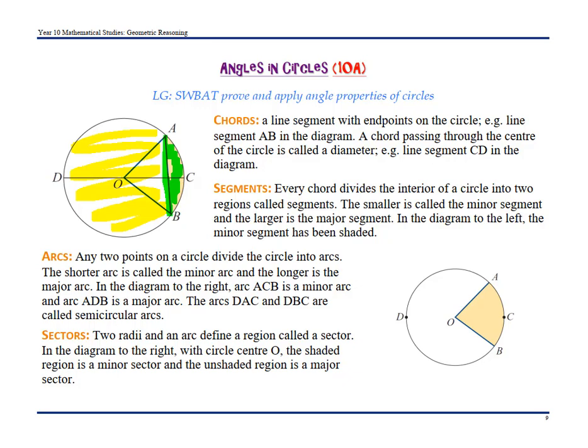Moving on, let's go to arcs. Any two points on a circle divide the circle into arcs. I've got a diagram here on the left-hand side. You've got two points, A and B, and we have an arc being formed by A and B. I'll highlight the arc rather than the segment.